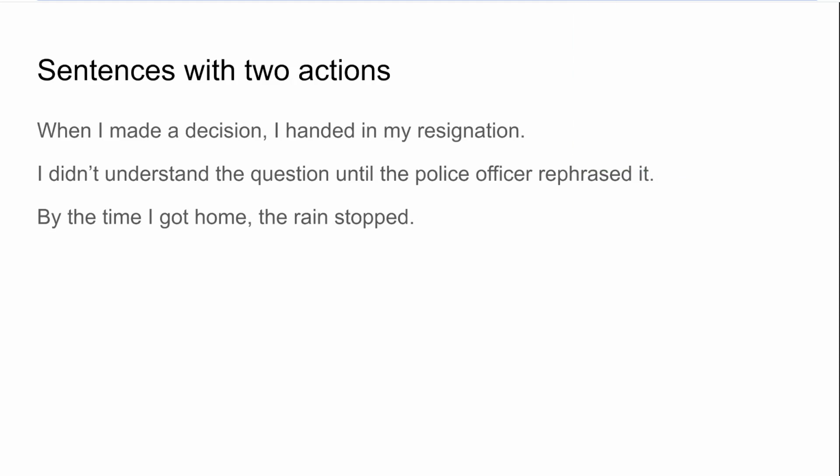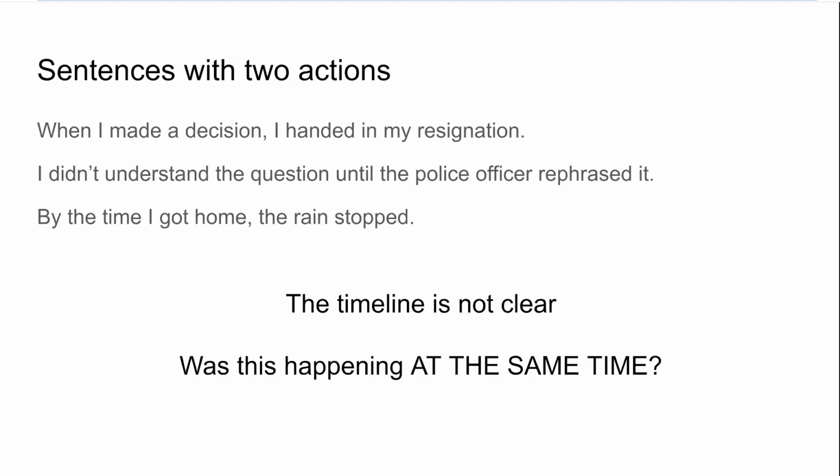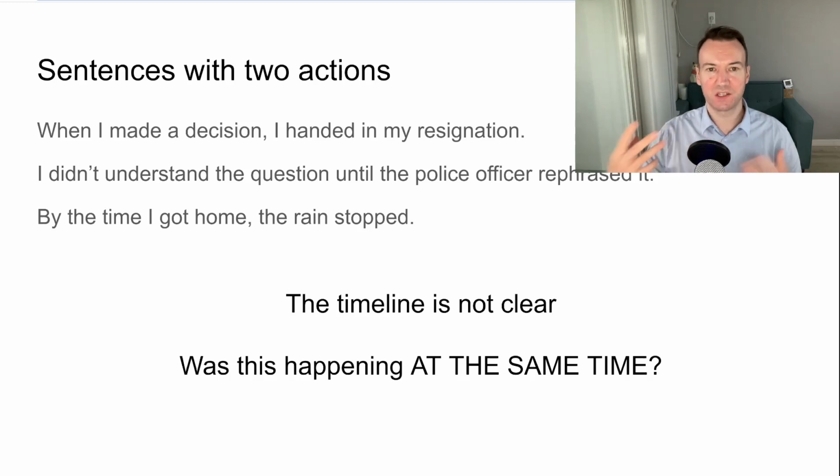However, there are still some problems with them for the reader. So one problem we have is the actual timeline is not clear. Did these things happen at the same time? Or did one happen first and then the other one happened? So this is one problem.